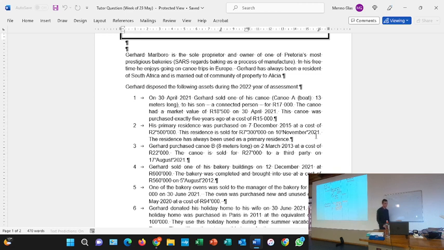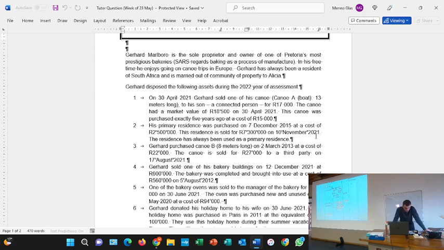Okay, moving on to note 3. Canoe B. Gerard purchased Canoe B, 8 meters long, on 2 March 2013 at a cost of 22,000 rand.